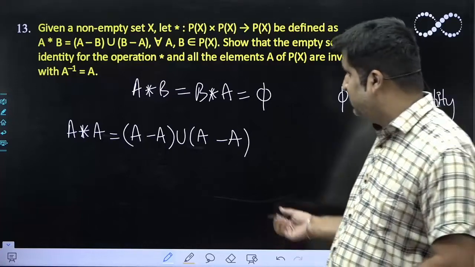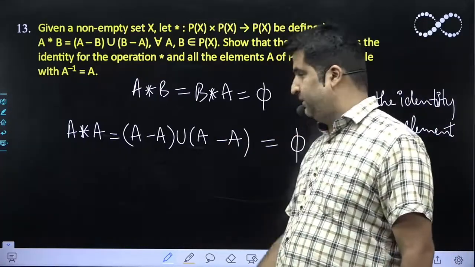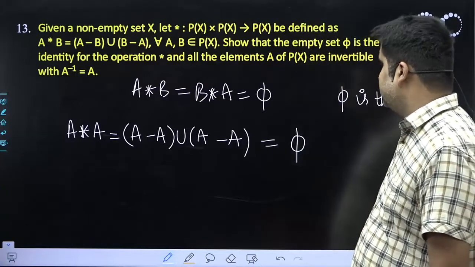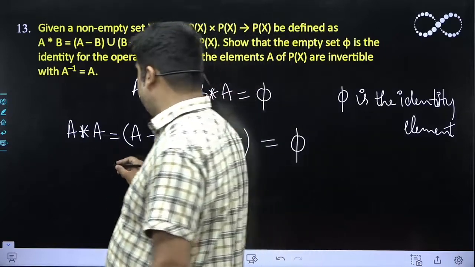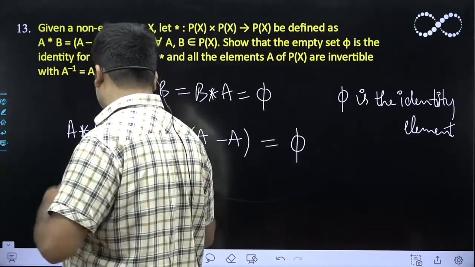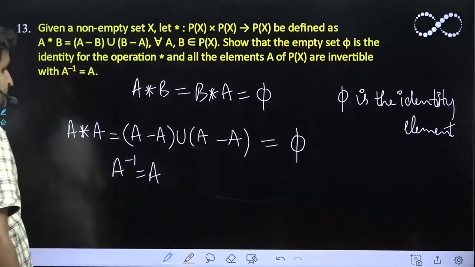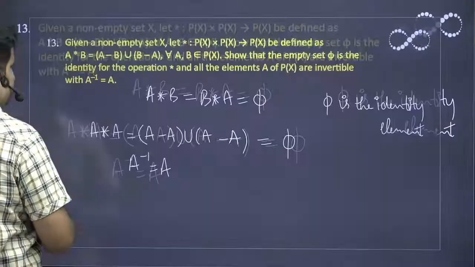If you subtract A from A, this is equal to phi. Similarly, this is equal to phi. So therefore, this answer is equal to phi. So therefore, the inverse of A will be equal to A itself. So this was a bit typical question. Okay. So let's move on to the next one now.